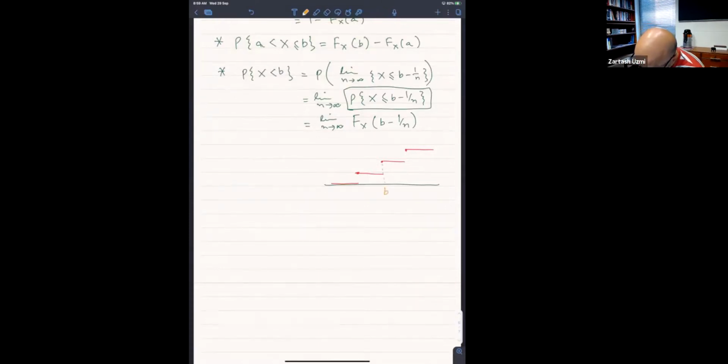So probability x less than b, कौन सी वैल्यू होगी? वो ये वाली वैल्यू. And the probability that x is less than or equal to b would be this value. तो ये एक डिफरेंस होगा इसमें.